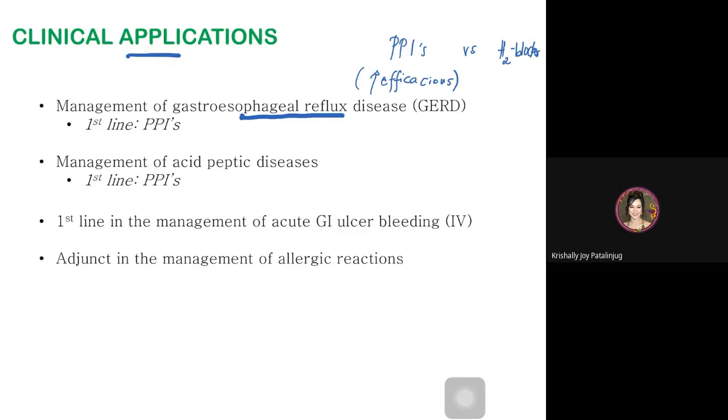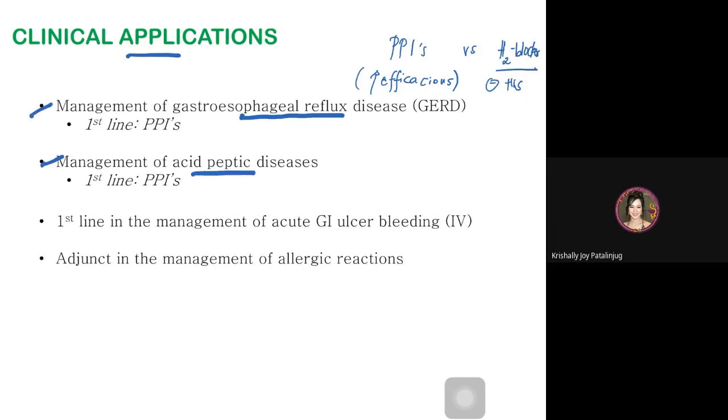Those are mediators of gastric acid release in the stomach. Kasi H2 blocker, yung kaya niya lang i-inhibit is histamine, di ba? Histamine 2 blocker nga siya. So, ginablock lang niya ang histamine 2 receptor.